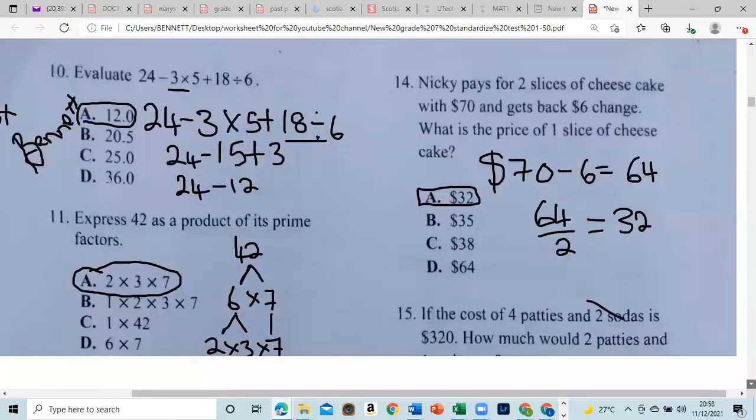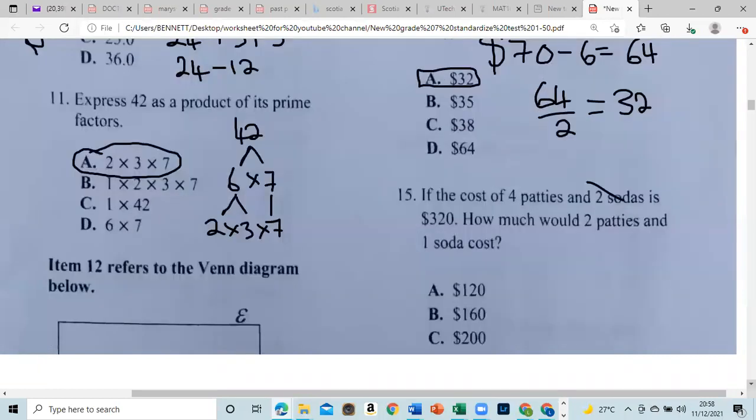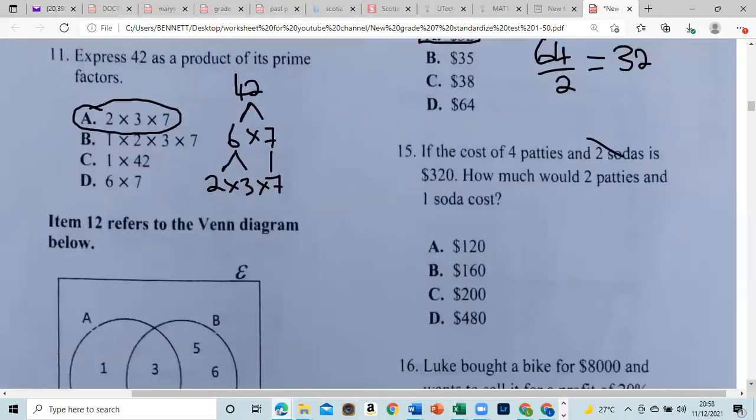All right, let's see what the next one says. If the cost of 4 patties and 2 sodas is $3.20, how much would 2 patties and 1 soda cost? So basically, 4 turns into 2 and 2 turns into 1.